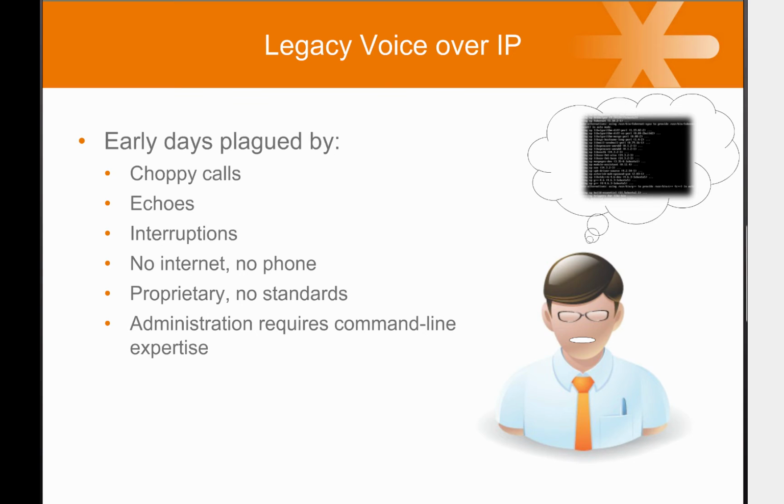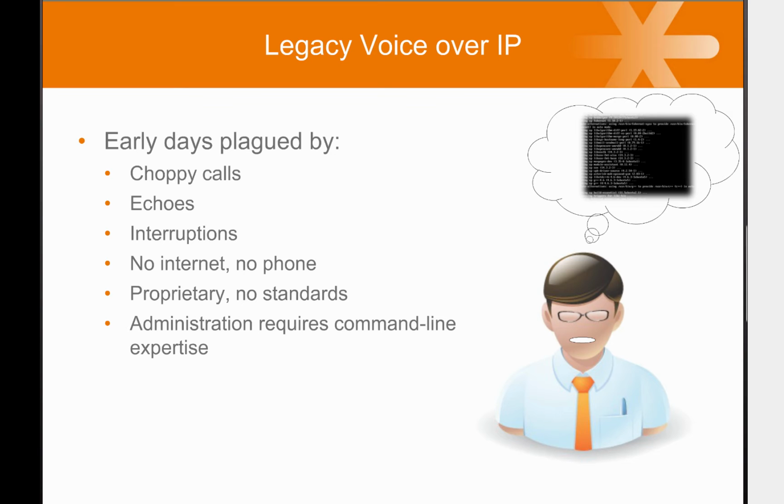Then in the mid to late 90s, we started with voice over IP, but this was, I would say, legacy voice over IP. You all may have faced the problems with choppy calls, echoes, interruptions. When the internet line broke down, your phone line also broke down. Everything was pretty proprietary.